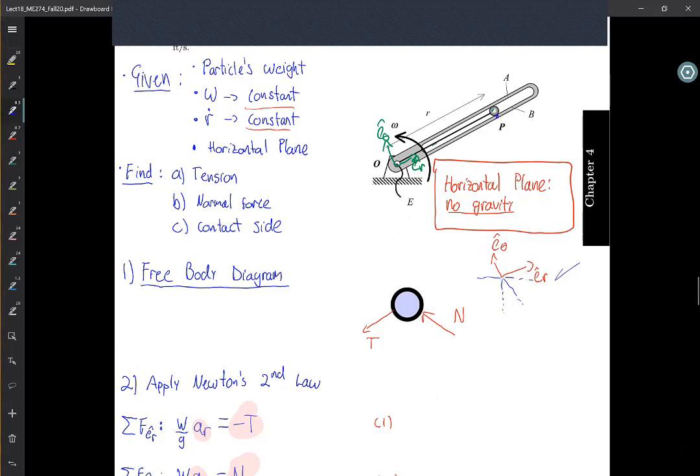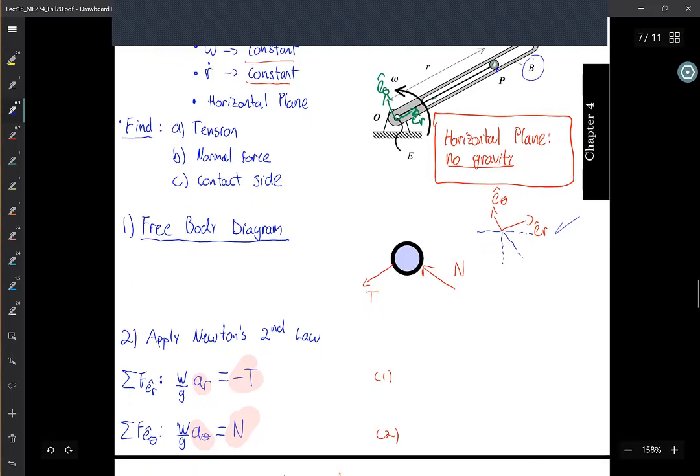So if the normal force is positive, then my assumption is correct. And I say, okay, it's in contact with the bottom surface, which is side B. So let's check if that is correct or not.